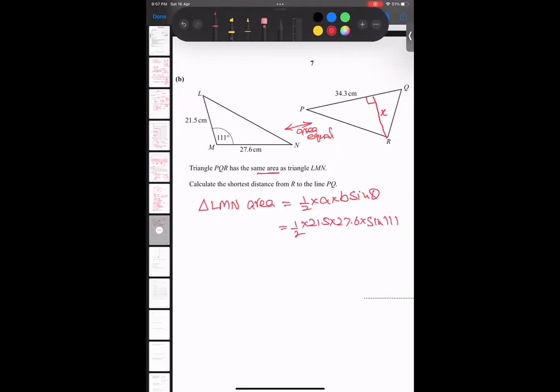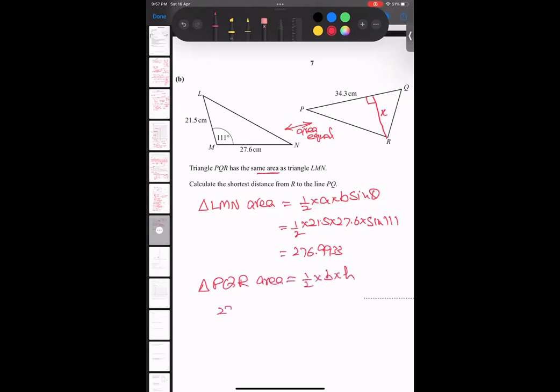I'm just typing it in the calculator: 21.5 into 27.6 into sine of 101, and the area I'm getting is 276.9933. For the second triangle, PQR, the area formula is half into base into height.